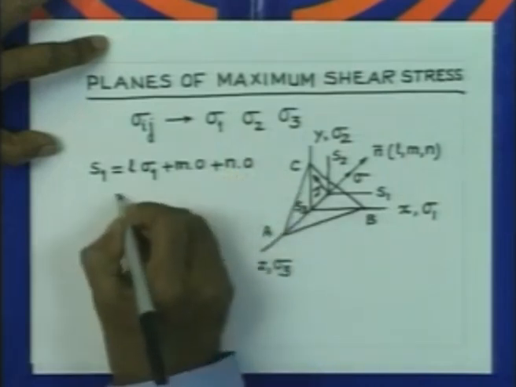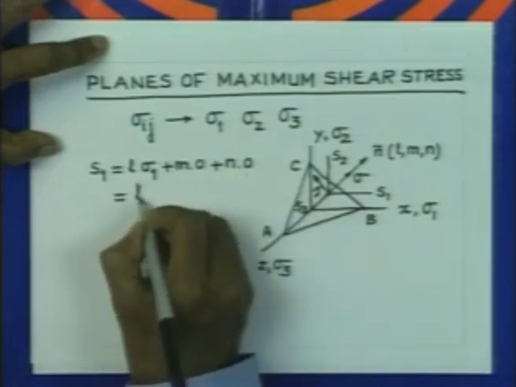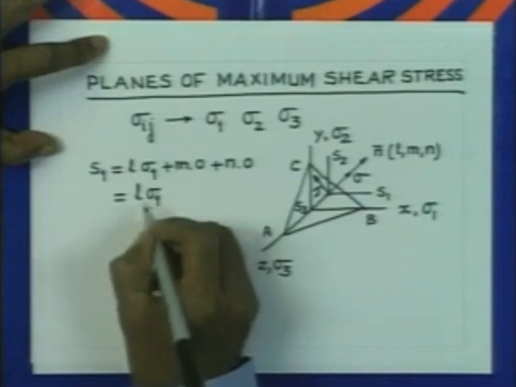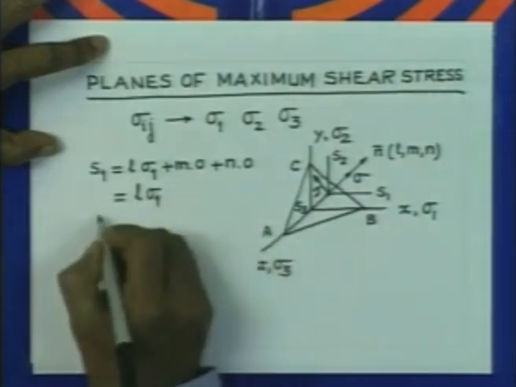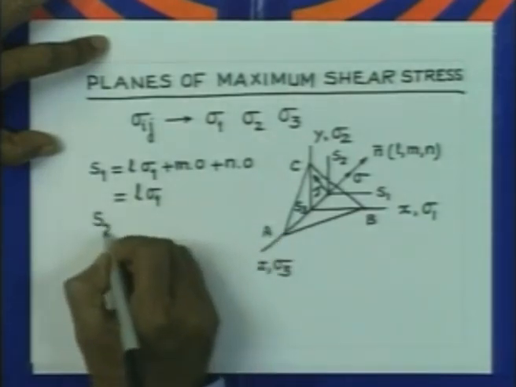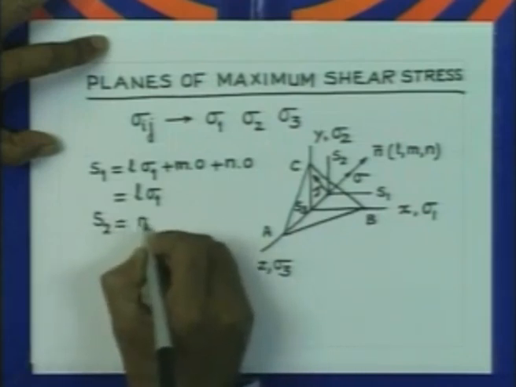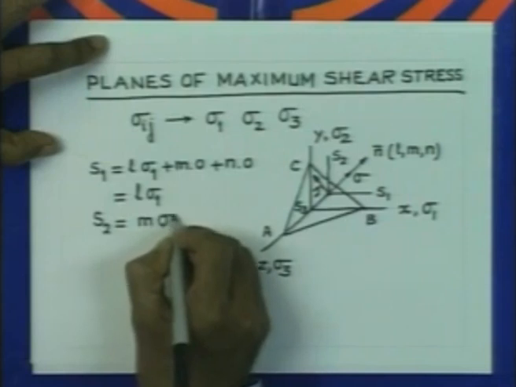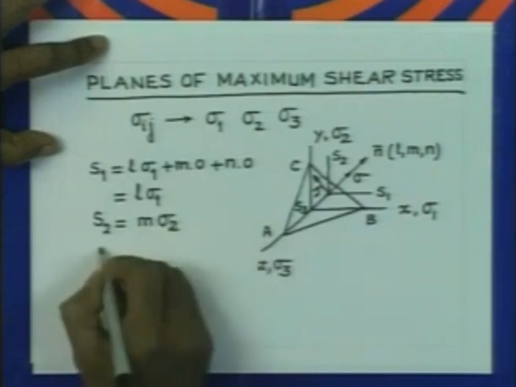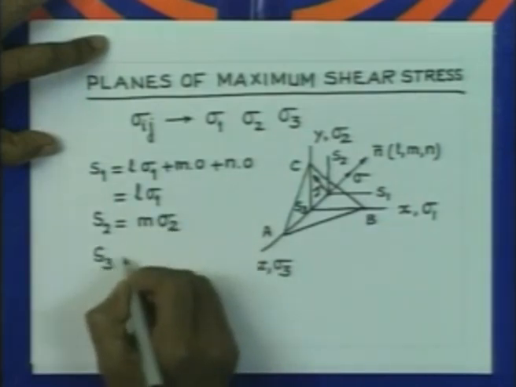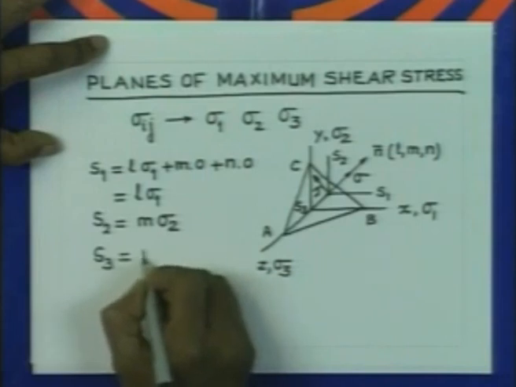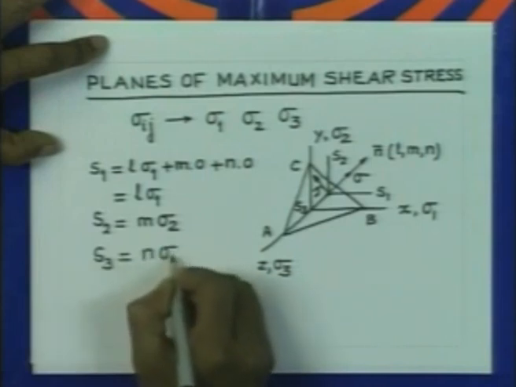Therefore, S1 is L sigma 1, and by similar considerations, you will find that this traction is nothing but m sigma 2, and the third component is nothing but n sigma 3.